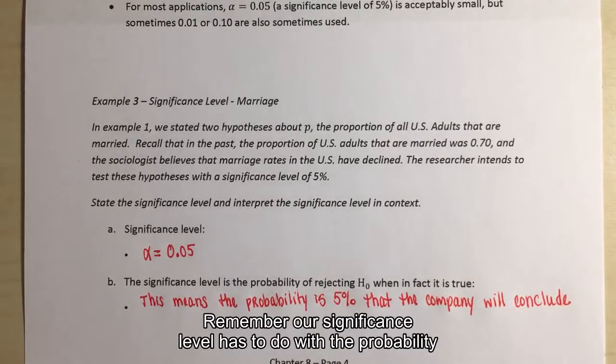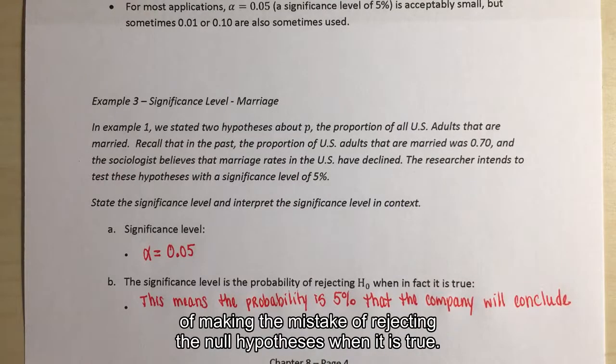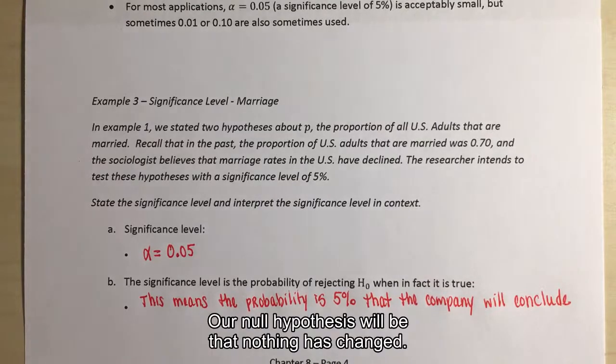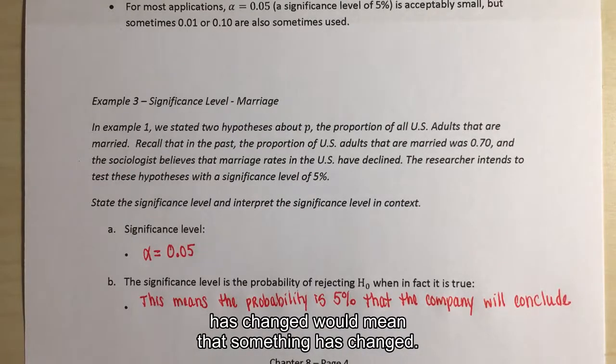Right, so remember our significance level has to do with the probability of making the mistake of rejecting the null hypothesis when it is true. So our null hypothesis would be that nothing has changed. So in this case, rejecting that hypothesis that nothing has changed would mean that something has changed.